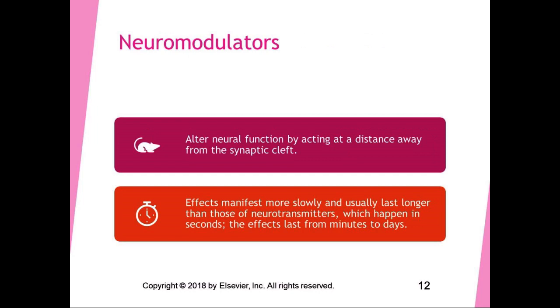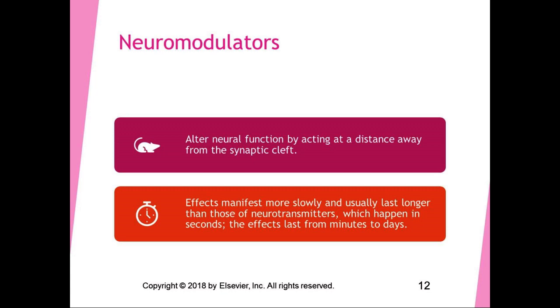Neuromodulators alter neural function by acting at a distance away from the synaptic cleft. The effects manifest more slowly and usually last longer than those of neurotransmitters, which happen in seconds, and the effects last from minutes to days. A lot of the medications that have effect on nerve cells, on neurons, act as neuromodulators because they are not functioning at the synapse necessarily.